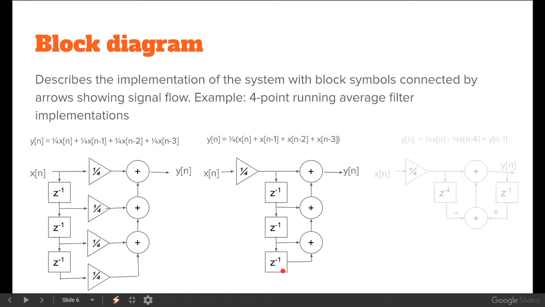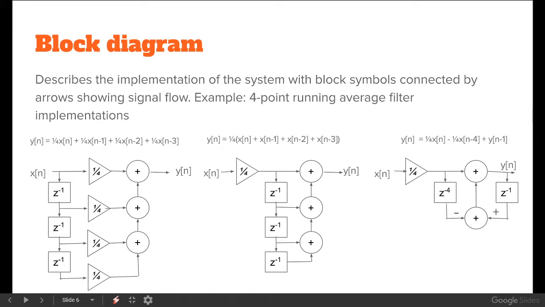Scale the input, and then you have the 4 step delay here. Okay, and you subtract. So this is the way to do the feedback version of the running average filter in the most cost efficient way.